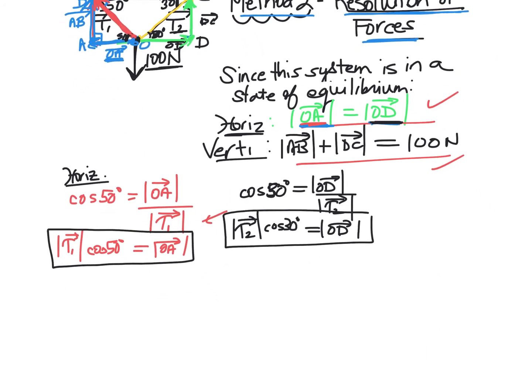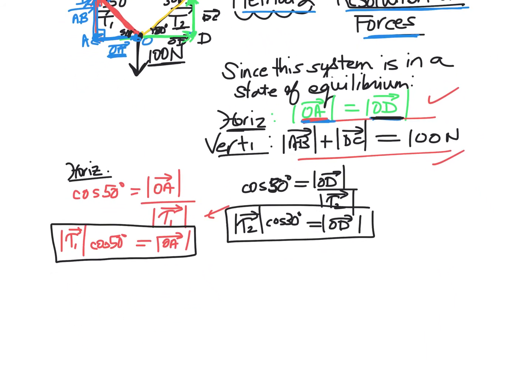And now, what should we do with these? Well, we said that the system is in a state of equilibrium. So we said that the magnitude of these two vectors must be equal to each other. So I can say, therefore, these two things must be equal to each other, because this represents the magnitude of vector OA and this represents the magnitude of vector OB.